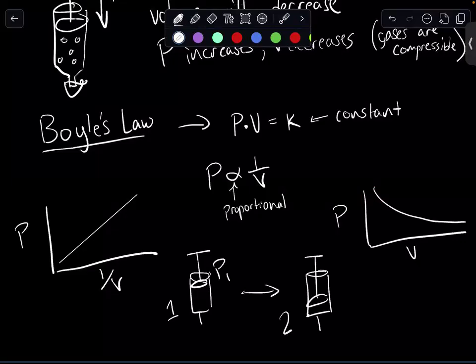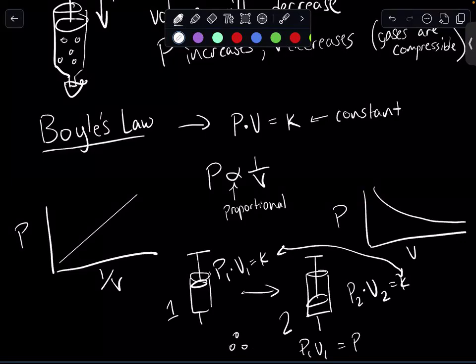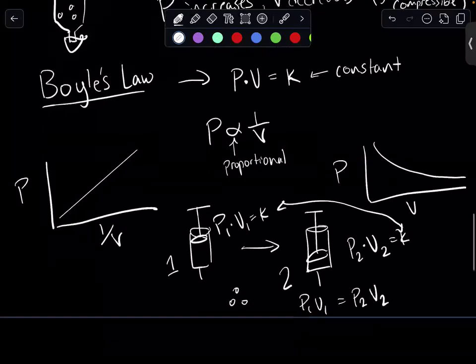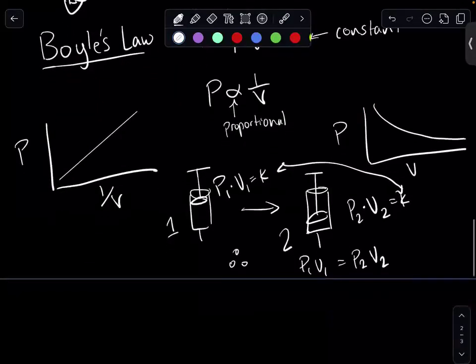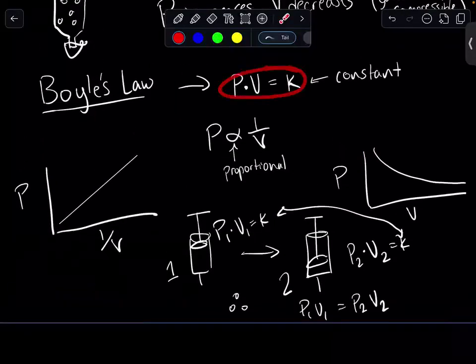The pressure in scenario 1 times the volume in scenario 1 will be some constant K. The pressure in scenario 2 times the volume in scenario 2 will also be equal to the same K. Therefore, P1 times V1 will equal P2 times V2, because the product of these two values, as seen by this equation, will remain constant.